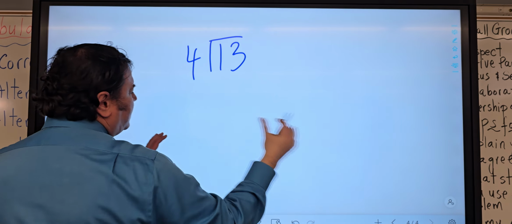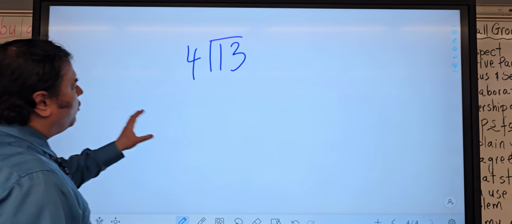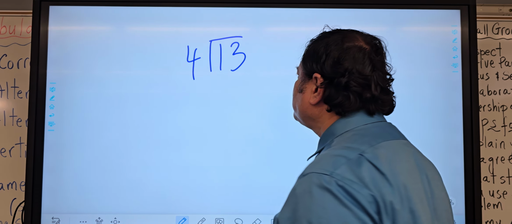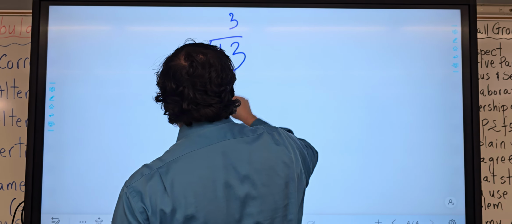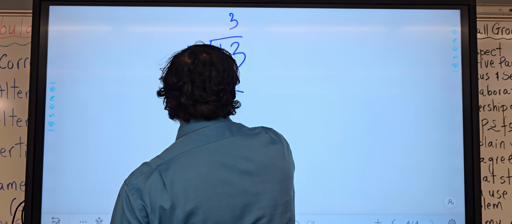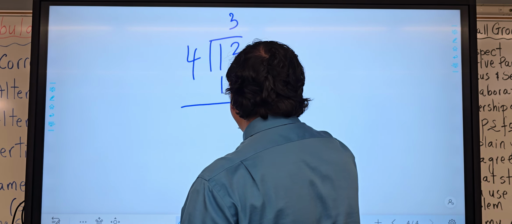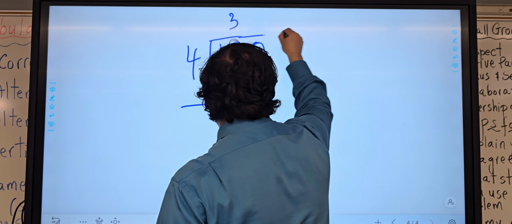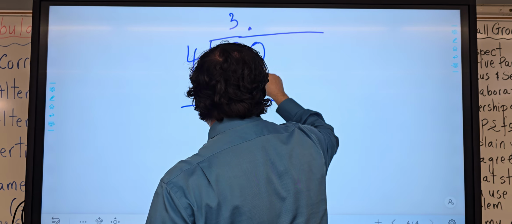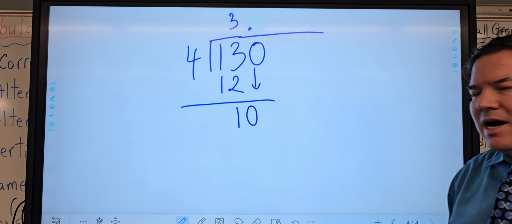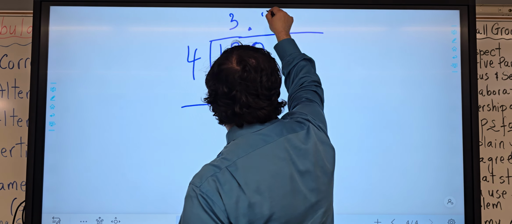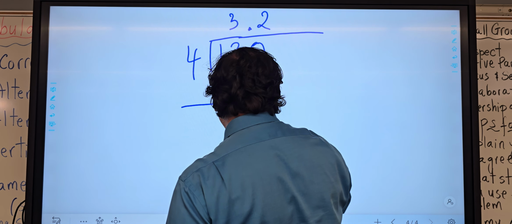Let's do the division here and then we come back to the other screen. 4 goes into 13 how many times? 3 times. 3 times 4 equals 12. 13 minus 12 is 1. Add a 0. Don't forget that. And a decimal. Bring down the 0. 4 goes into 10 how many times? Twice.